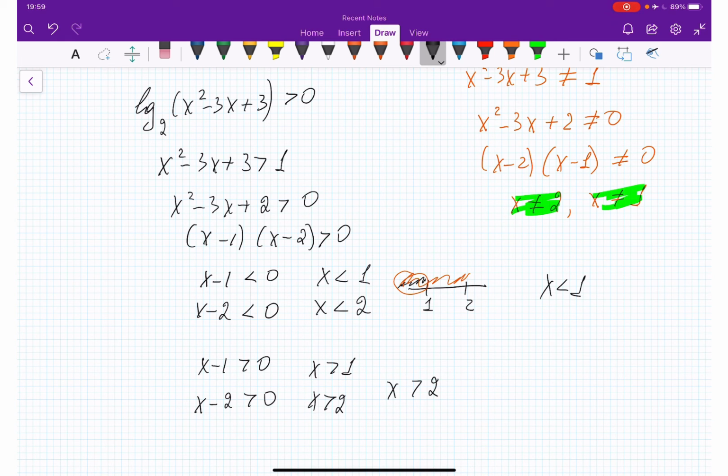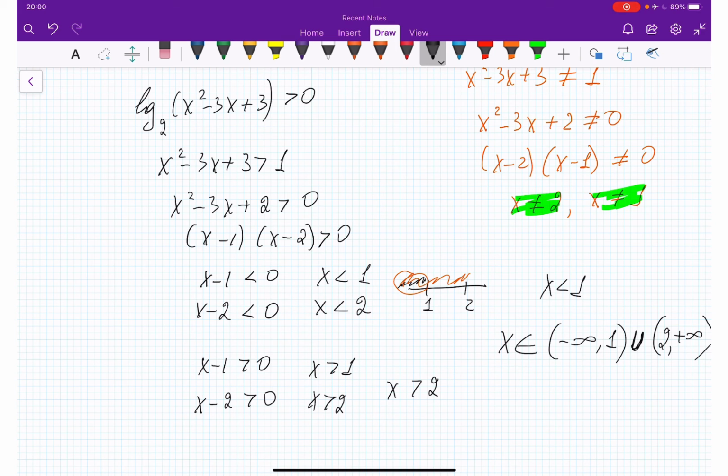So the answer in this case is x belongs to from negative infinity to 1, or 2 and positive infinity. All right.